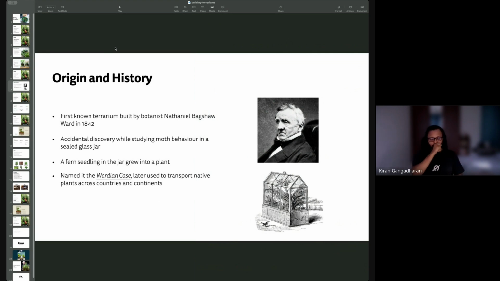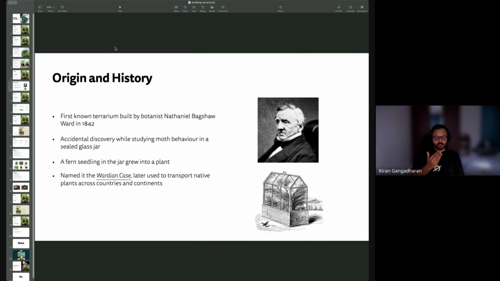In fact, I think the first use of the Wardian case was to transport plants from Britain to Australia. That's a huge journey, and carrying plants like that exposes them to unstable temperatures and harsh conditions.